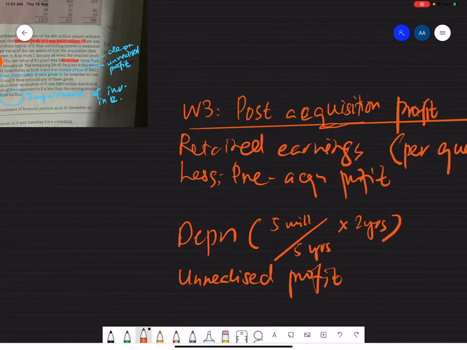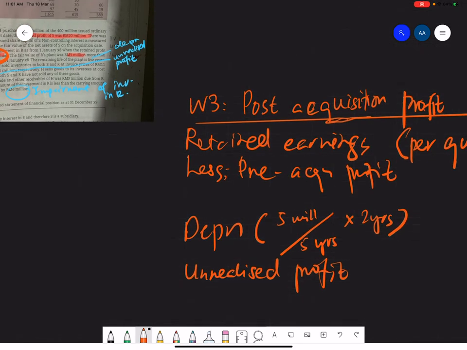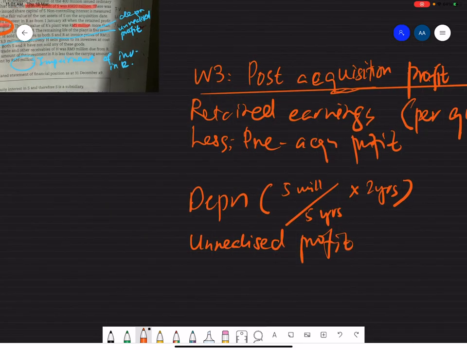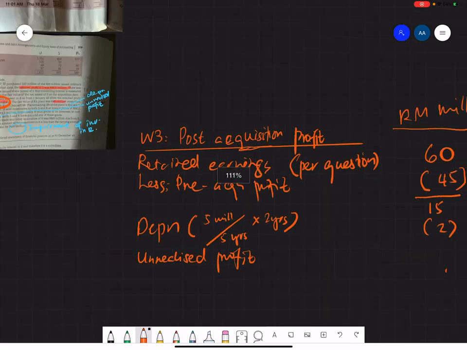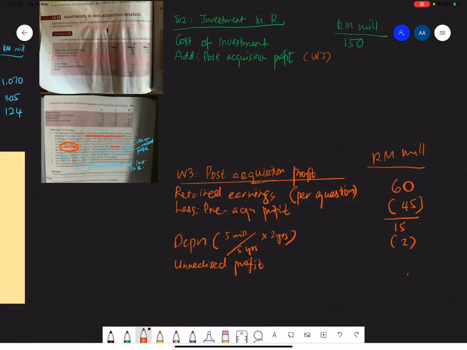The 3.3 million is 110%, which is 100% plus the 10% markup, so we want to eliminate only the 10%.